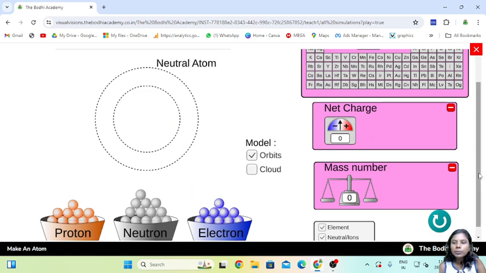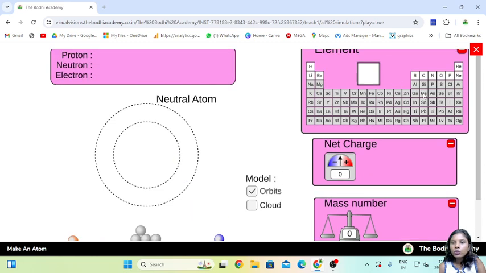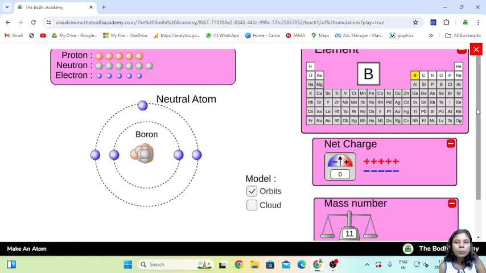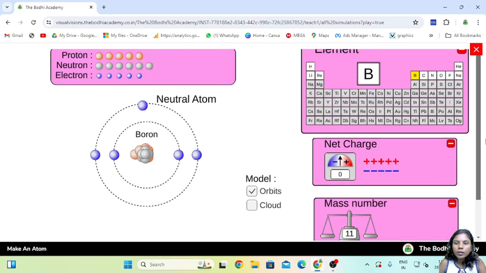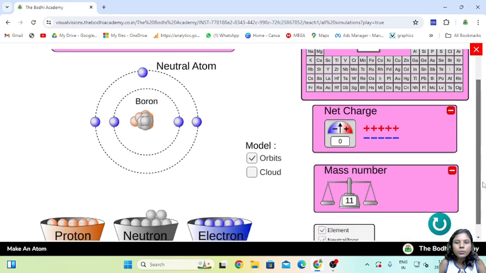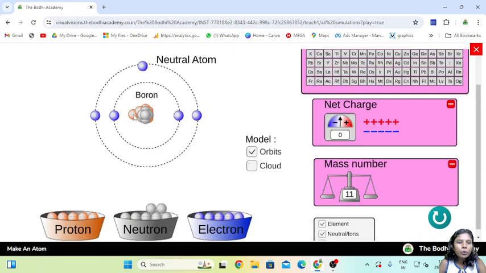Now let's look at something in the higher range. Let's look at boron over here, and then we will look at a noble gas configuration. Boron's atomic number is 1, 2, 3, 4, 5 over here. Let's look at how many protons it has: 1, 2, 3, 4 and 5.